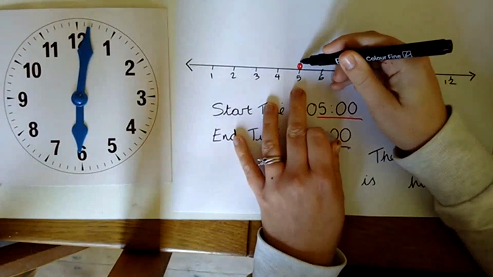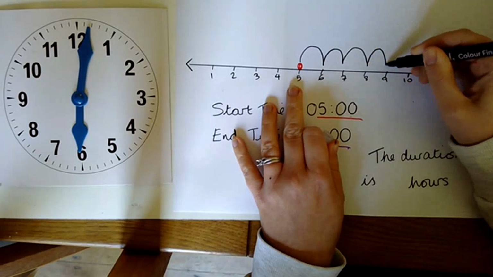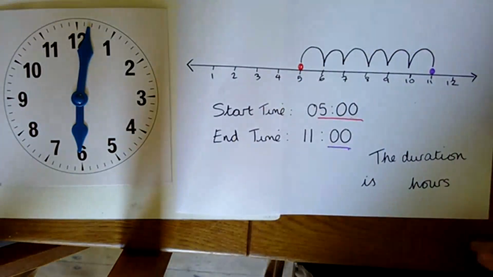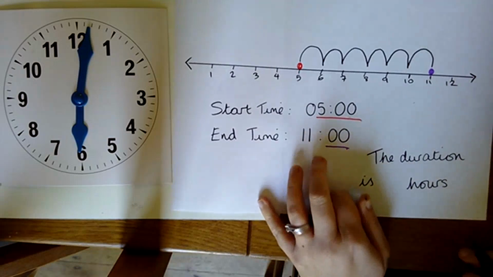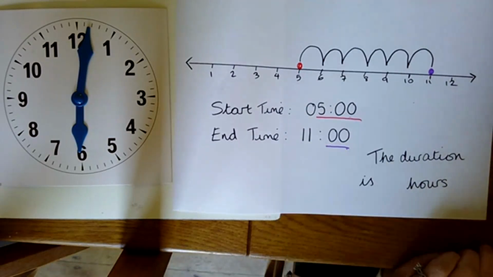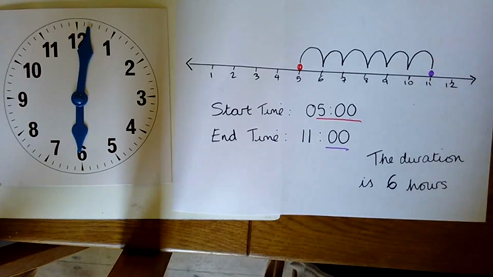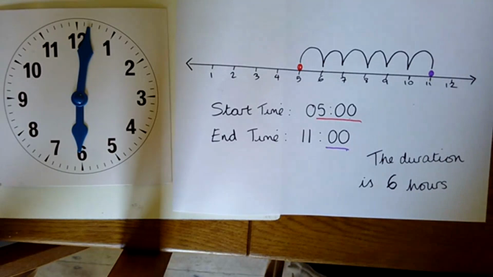Counting on 1, 2, 3, 4, 5, 6. The duration, for example, you can imagine this is a train journey or something else. The duration is 6 hours. There are 6 hours between 5 o'clock and 11 o'clock. You could also use your knowledge of number bonds.